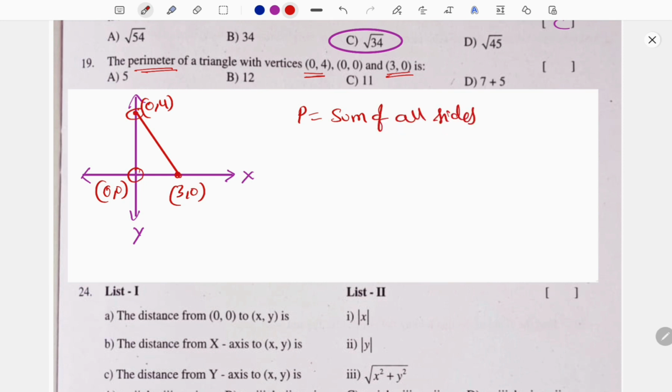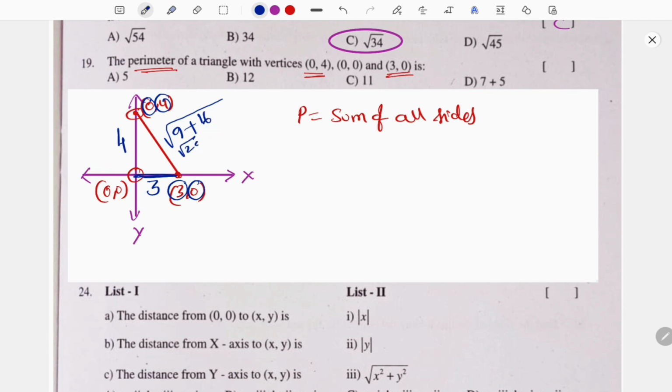So what is the length of the sides? The length of this one is 3 units. The length of this one is 4 units. Now what is the length of this one? We can find the distance between these two points. Here 3 minus 0, 3 square is 9, plus 0 minus 4, whole square is 16.